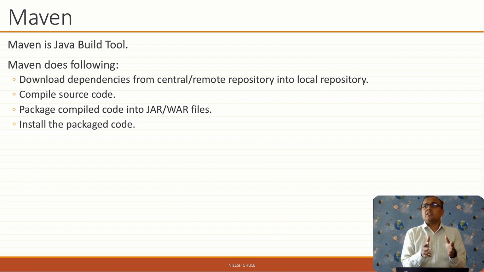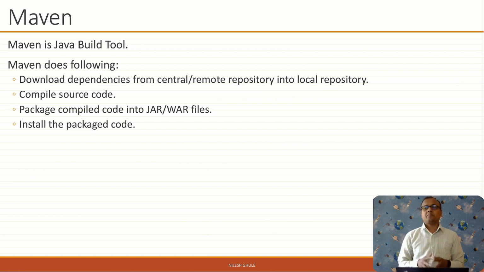This is where build tools like Maven and Gradle help you. The very first thing that Maven does for you is download all dependencies directly from the Maven central repository on your machine into your local repository. Of course, the primary job of a build tool is to compile the source code and create .class files.